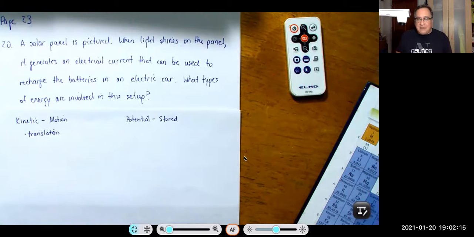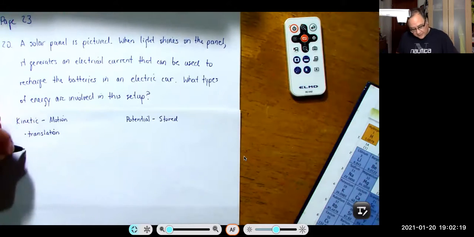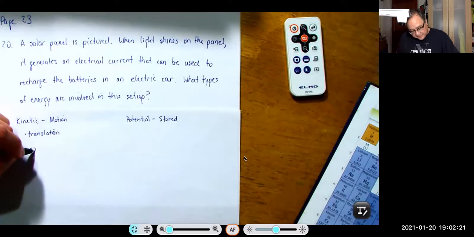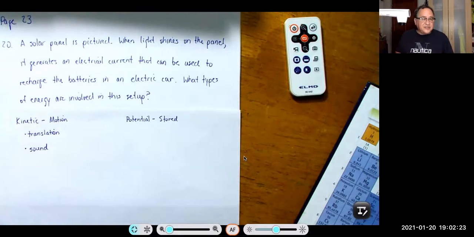Me moving my mouth, translation. There's sound. So sound is different than translation because air is not actually moving from one place to another. It's pulsing. I want you to imagine a jump rope held between 2 people, and one person whips it to the other person.